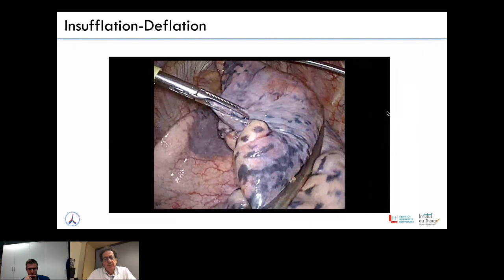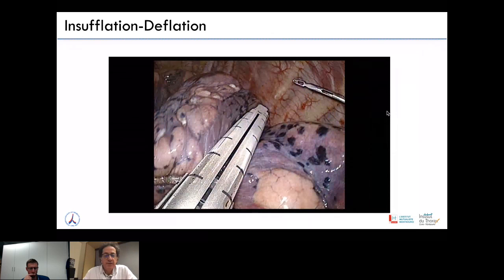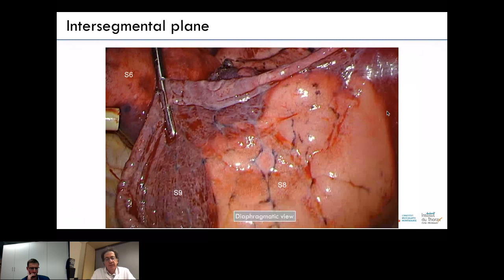This is the deflated segment 6 and the inflated basilar. Very recently, we were obliged to use this inflation-deflation technique on a basilar partial segmentectomy. This is to show you that sometimes it works, but usually in our experience, it doesn't work very much.